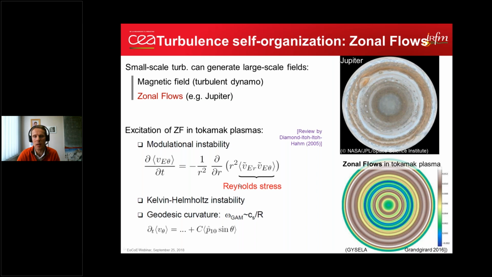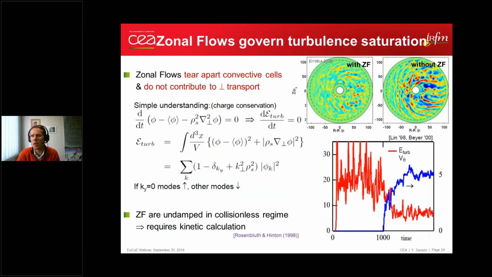This is via the r theta component of the Reynolds stress. I cannot go into much detail here, but what I want to point out is some evidence of the impact of zonal flows on the turbulent transport. And here you can see on those two simulations an example of two simulations with the zonal flows.